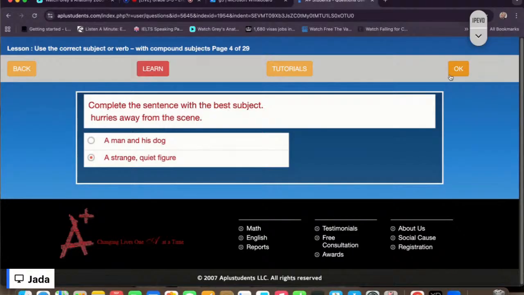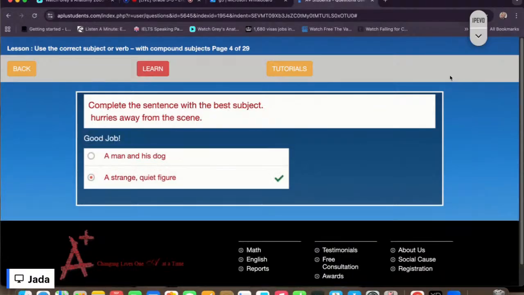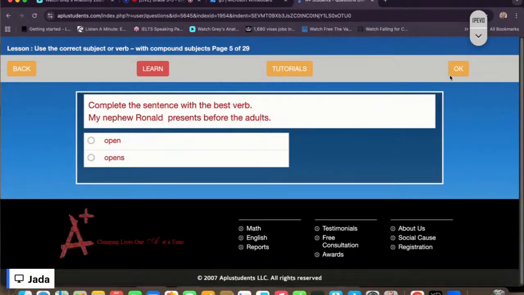Okay, so we have a strange quiet figure. So my nephew Ronald dash present before the adult. Open or opens?